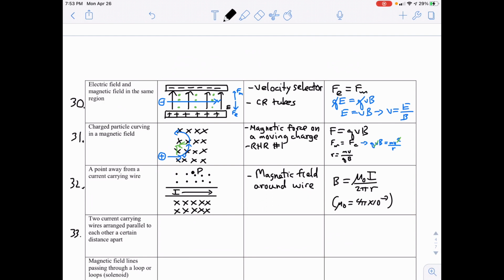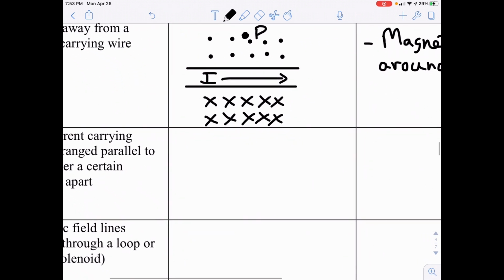Well, in question 33, we have a situation where we have two parallel wires, kind of like this, some distance apart.